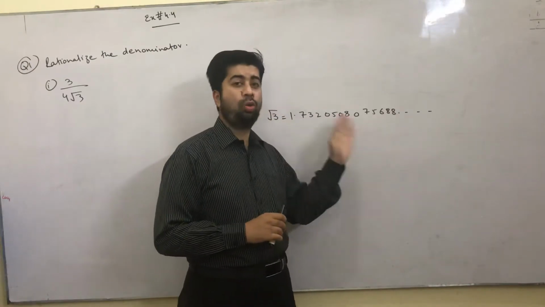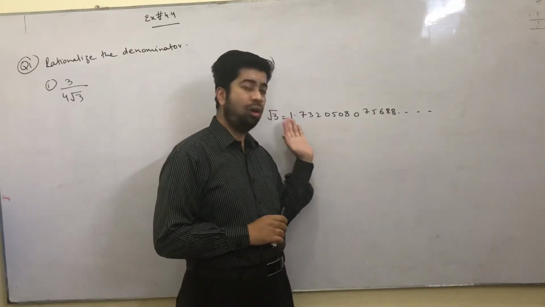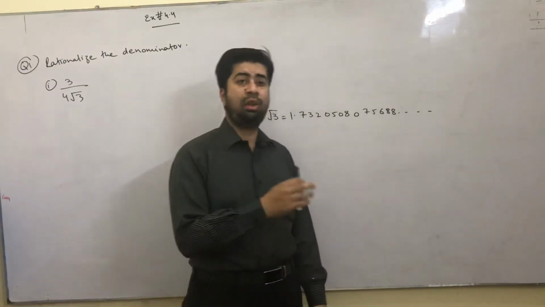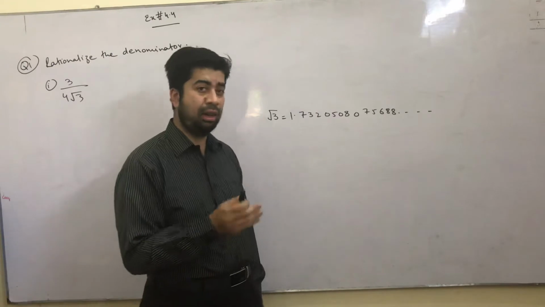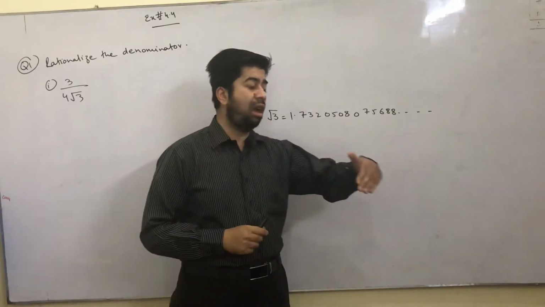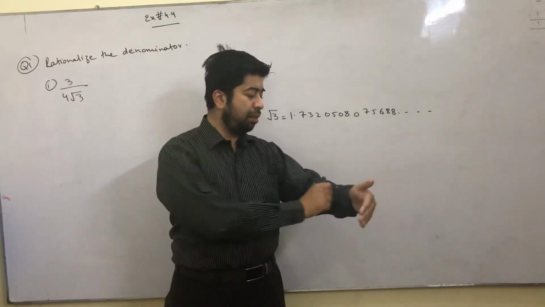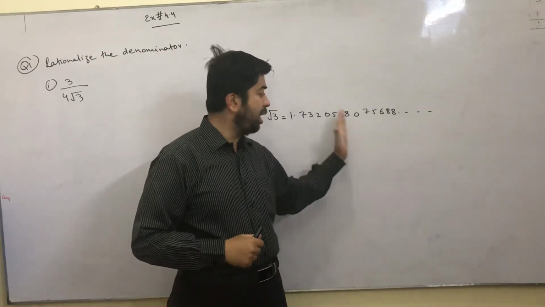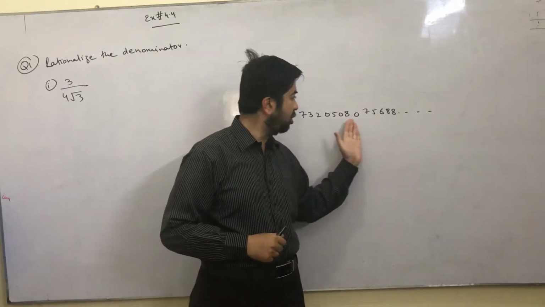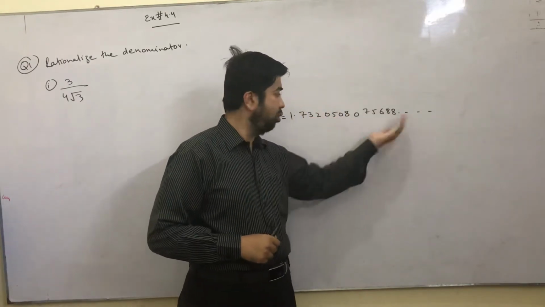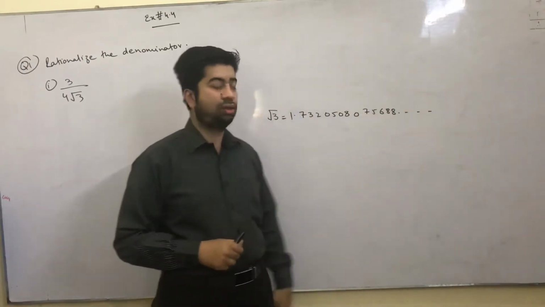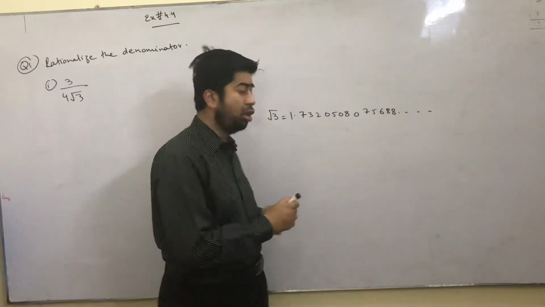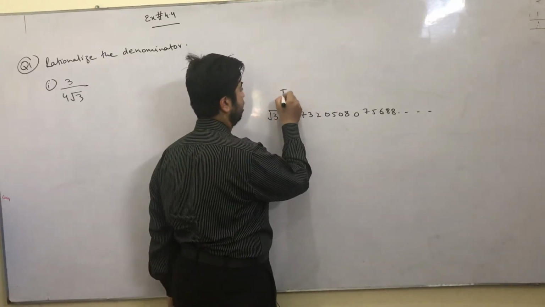There is no sequence of repeating numbers, so this is non-recurring. Is it non-terminating? Terminating means after the decimal part there must be a break point. But this goes on and on till infinity. So it contains a non-recurring and non-terminating decimal part, so it is an irrational number.